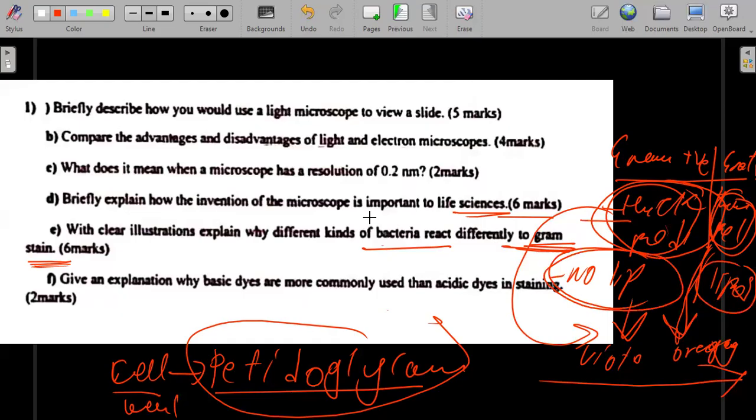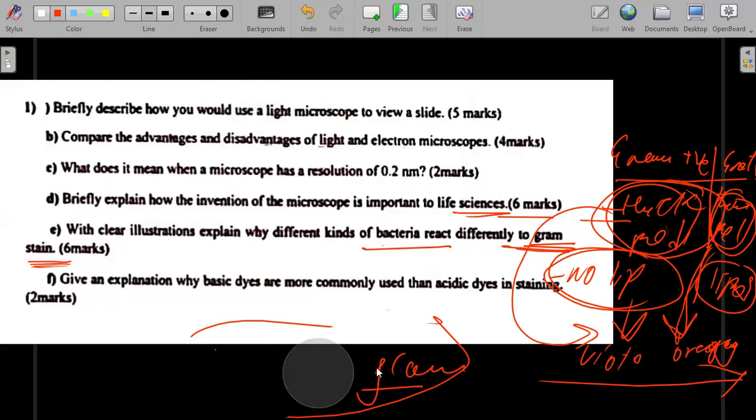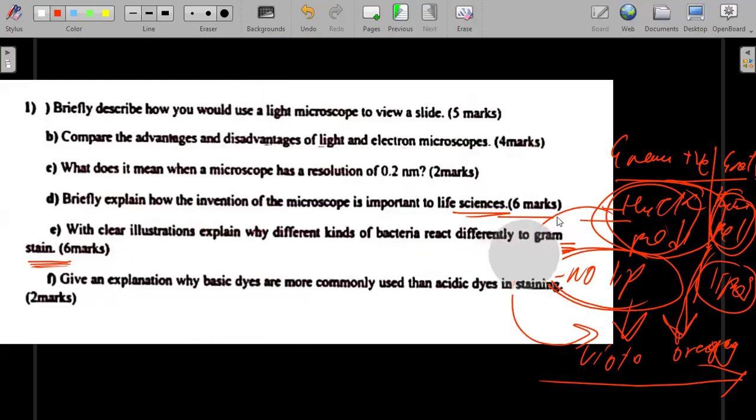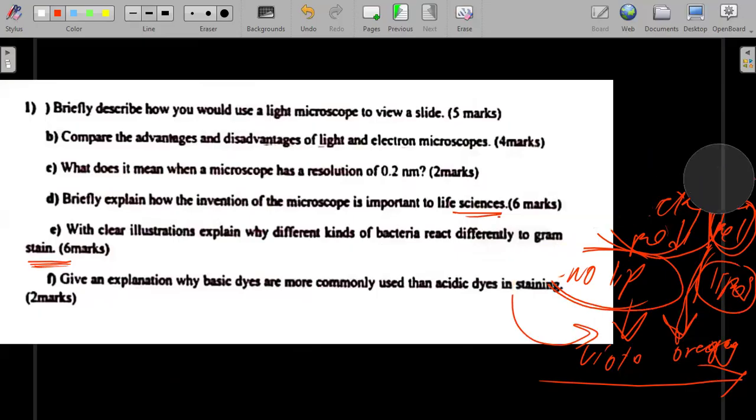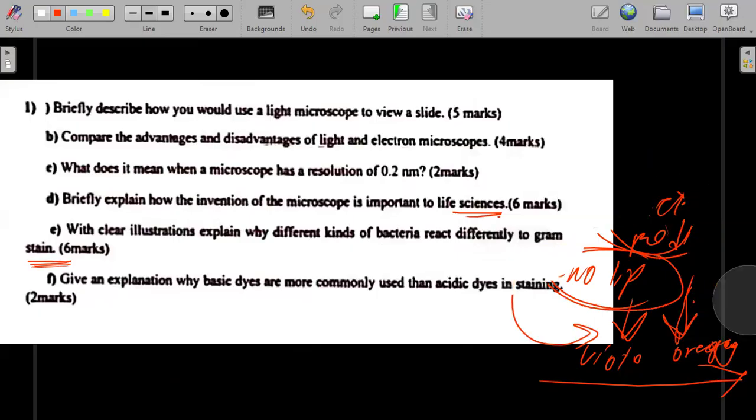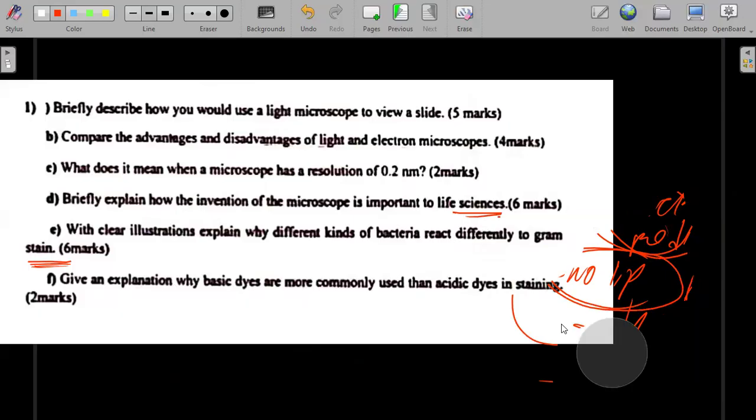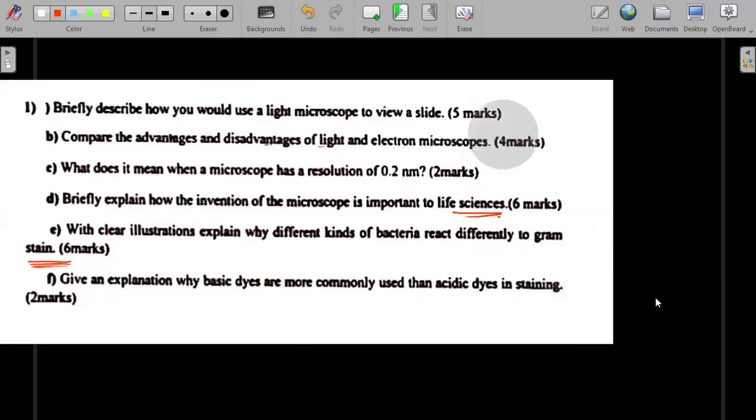So that's the reason why you have these bacteria reacting differently to your gram stain. I hope everything is clear there, unless there's a question. There is no question, so we can do the last one, part F, which says give an explanation why basic dyes are more commonly used than acidic dyes in staining.